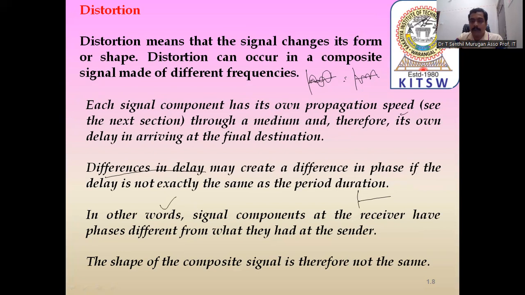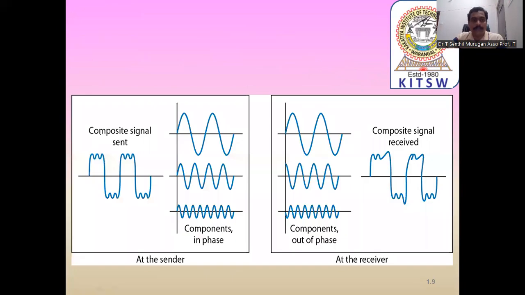I already told you, it will start from 0. For example, on the receiver side, some delay occurs and the shape will be changed, so automatically it comes like this, 90 degrees, entering at time 0 at the receiver place. So that is the distortion.